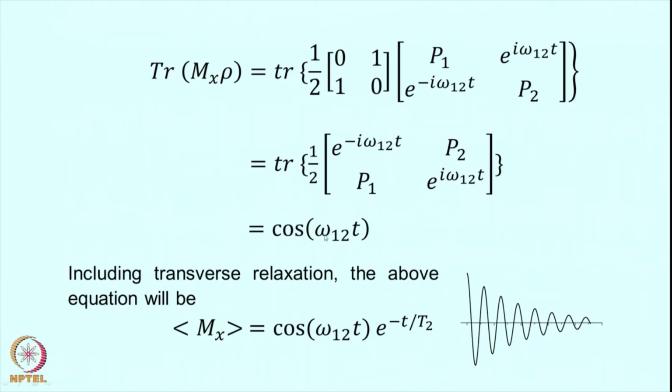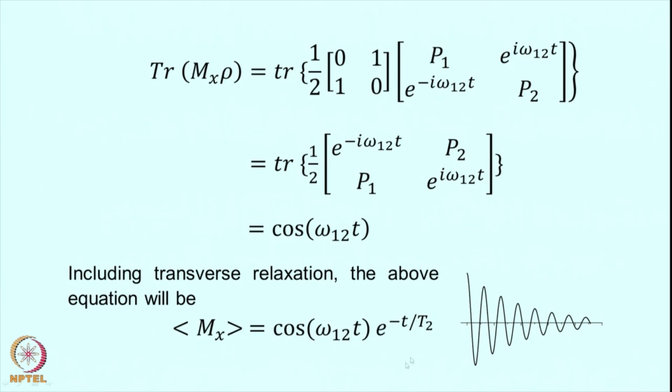I measure the time dependence of this coherence here. Now, if I include the transverse relaxation, which has not been included here in any of these, we have only included the time dependence and the frequency dependence of the phase coherences here, and the relaxation is not included. So if I include the relaxation, I have to multiply this whole, this is the transverse magnetization, right. So the transverse magnetization has to be multiplied by e to the minus t by T2, where T2 is the transverse relaxation time.